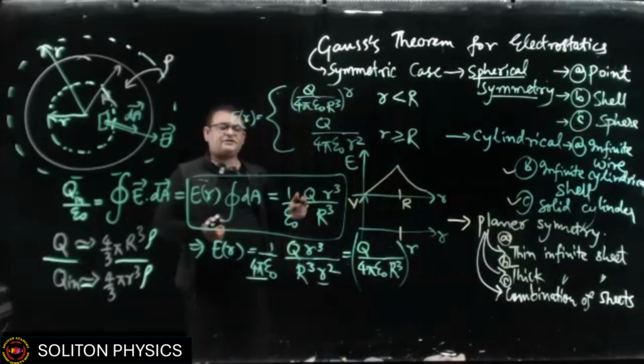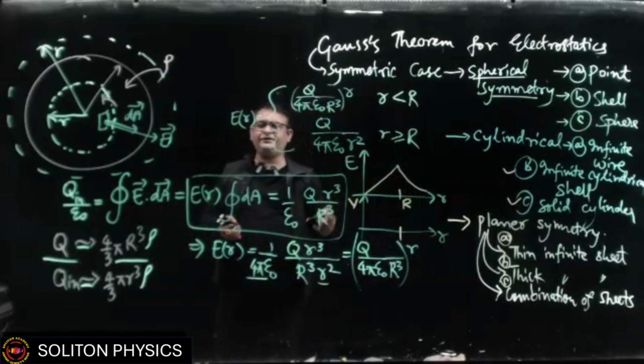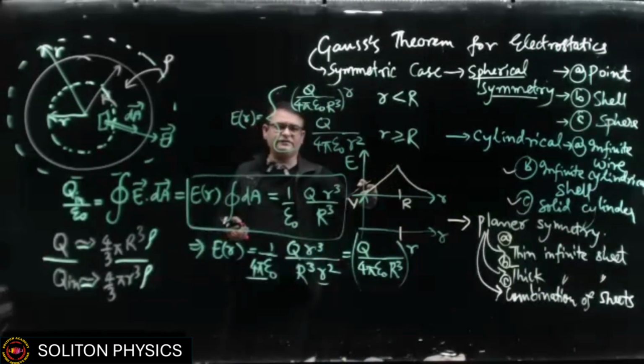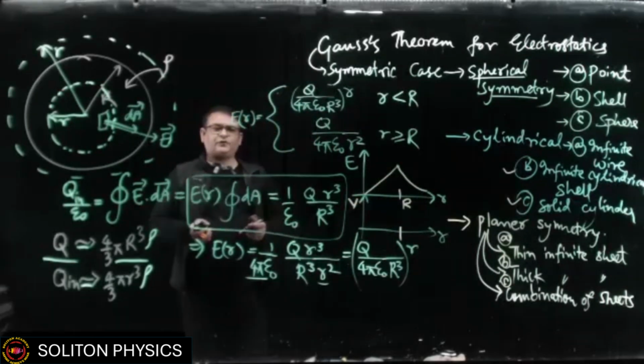In chapter gravitation, this is what you will find for gravitational field below the surface of Earth, above the surface of Earth. Okay, so there just the charge will change with mass, and mass cannot be negative, and so forth, other things.